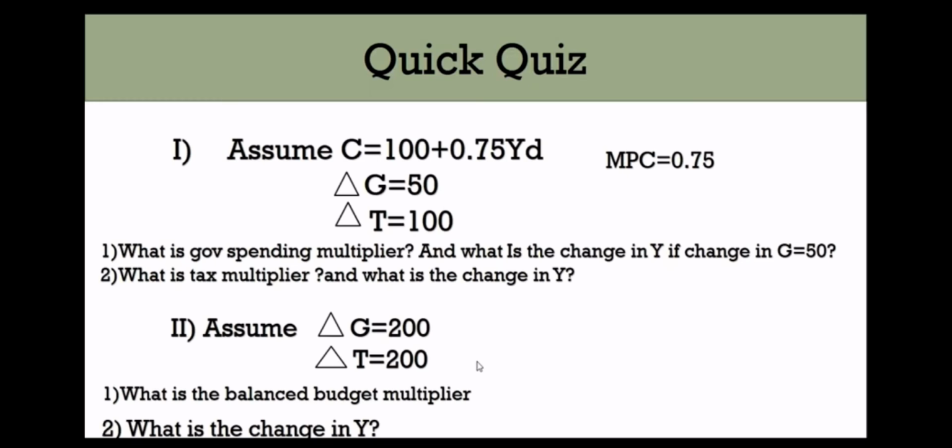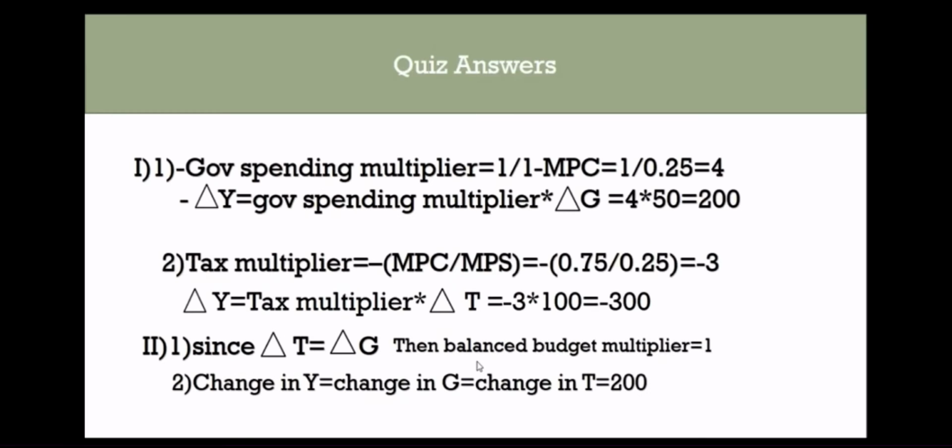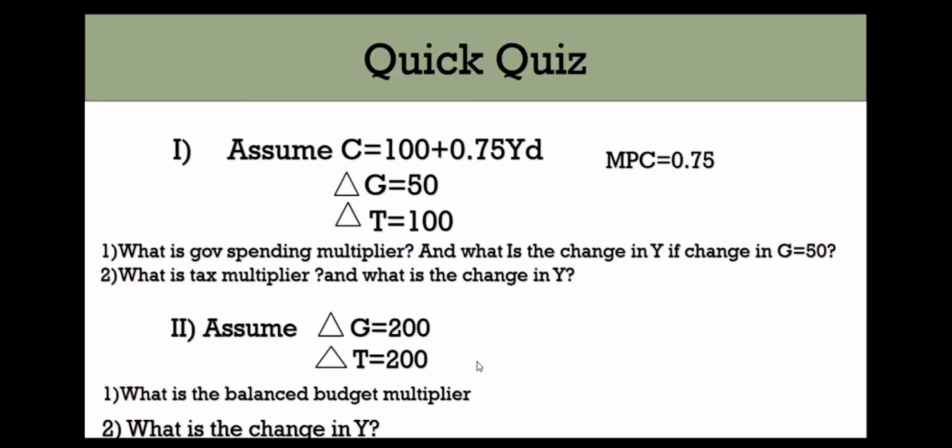Okay, part 1 says, what is the government spending multiplier? As we saw in the previous slide, the government spending multiplier is 1 over MPS. So it's going to be 1 over 1 minus 0.75, equal to 1 over 0.25, equal to 4. The second part of the question says, what is the change in Y if the change in G is equal to 50?